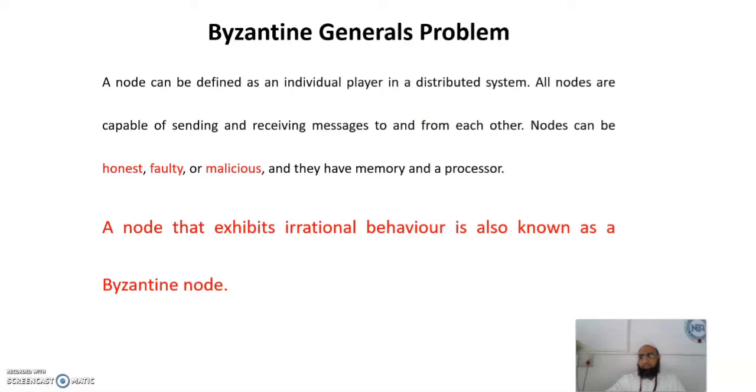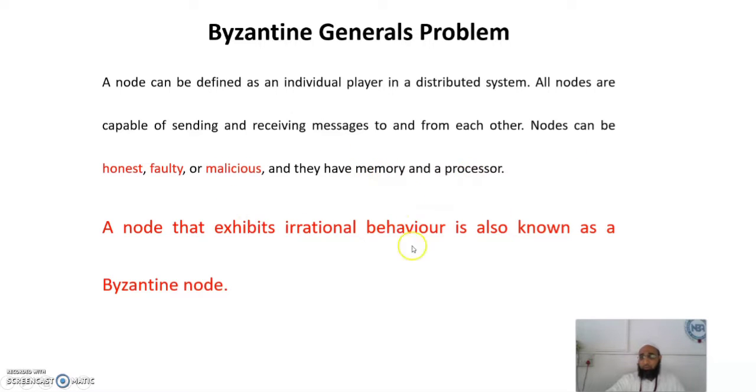When we talk about a distributed system, it is very clear that we have n number of nodes. Now we focus on how the nodes are. Nodes can be honest, nodes can be faulty, or nodes can be malicious. Every node has memory and a processor.